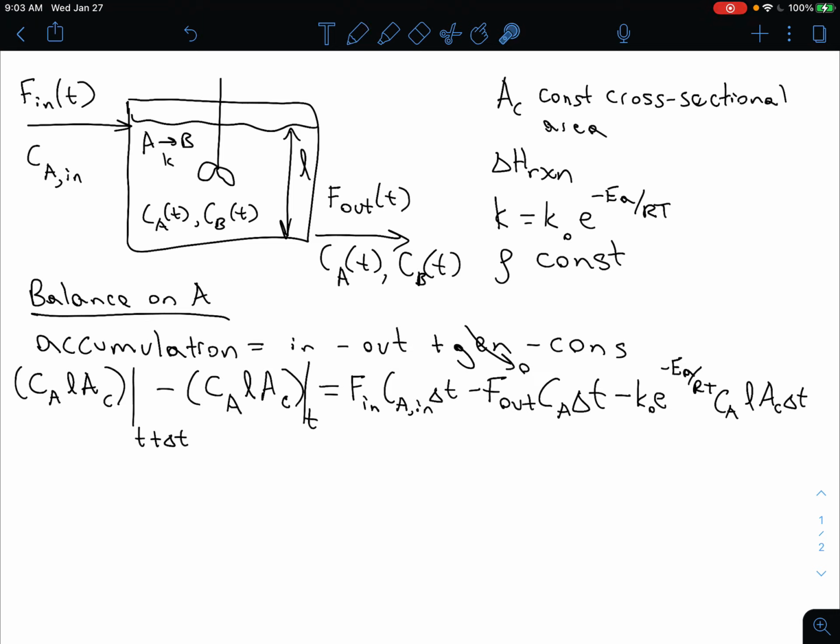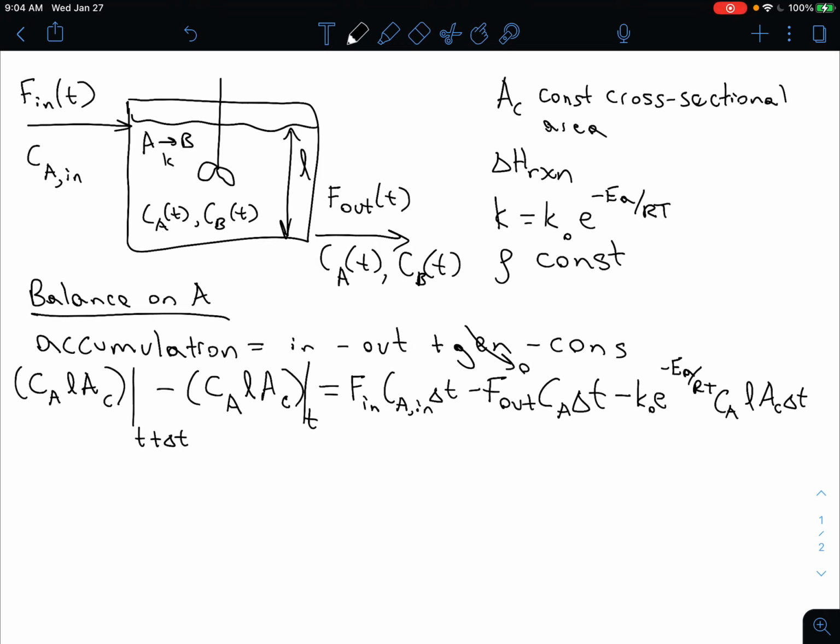I want to make it clear that the kinetics could be written as k CA, but the reason I write this out is because I want to make it very clear that k is not a constant. It depends on temperature. So we'll discuss that a bit more in a few minutes, but let's actually work through this equation.